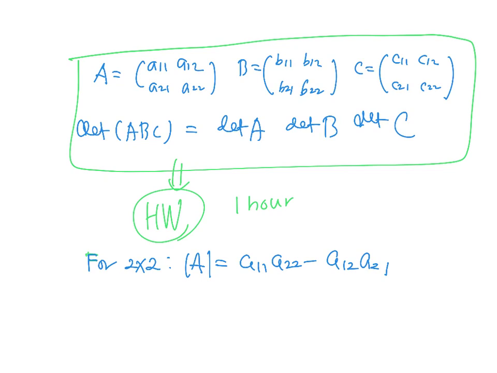That's a bit complicated, so we need some theoretical extensions. We first define minor. It's a determinant of a matrix.